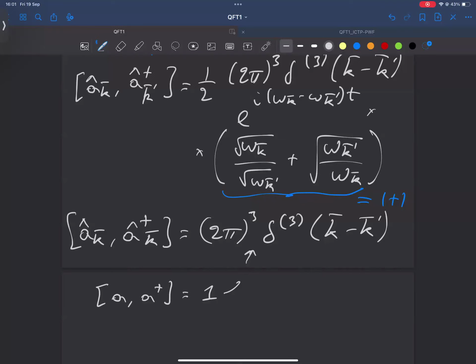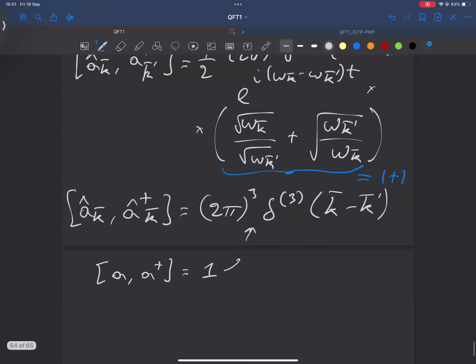Now when the ladder operators that we constructed satisfy this relation, we say that we have quantized our system. And now let's see what happens when you act it on vacuum and things like that.